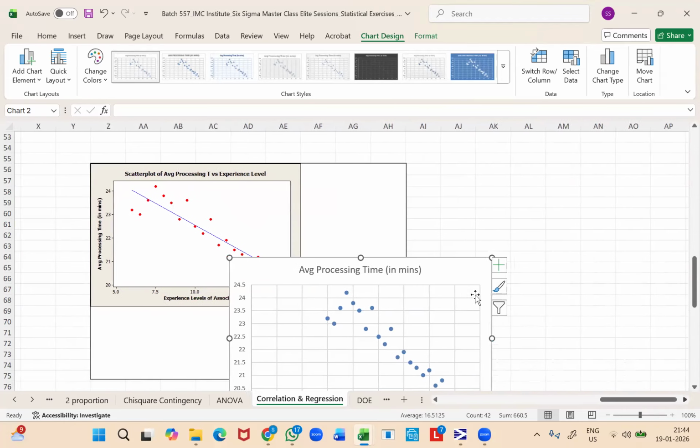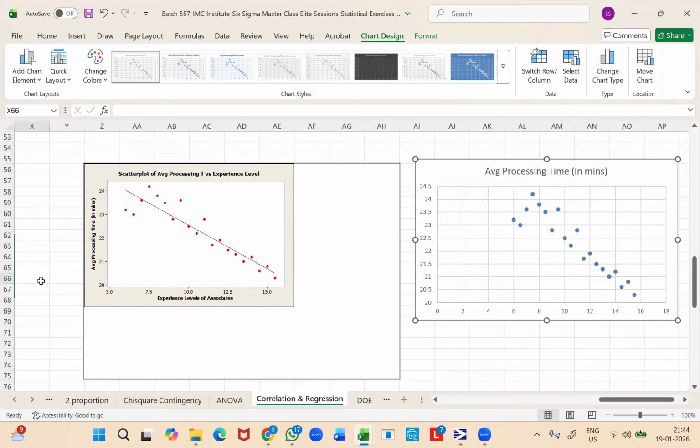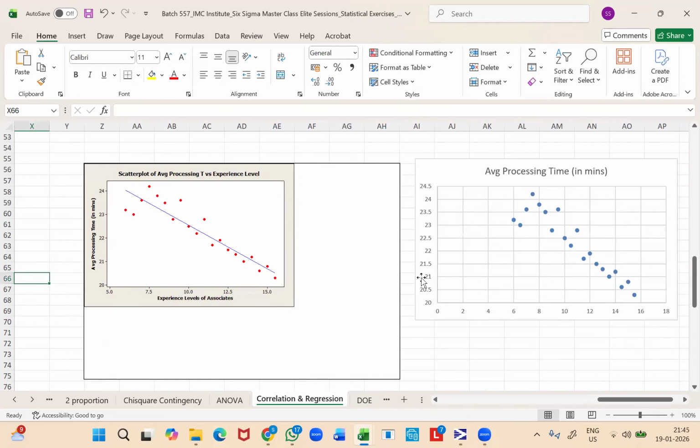Otherwise, if you want a better output, obviously we need to use Minitab and then obtain the same, right? So Minitab will have all these legends, everything. Even presentation-wise, this is a very old version of Minitab, right? Whatever I'm using, very old version of Minitab, the latest versions will have much better aesthetics as far as graphs are concerned.